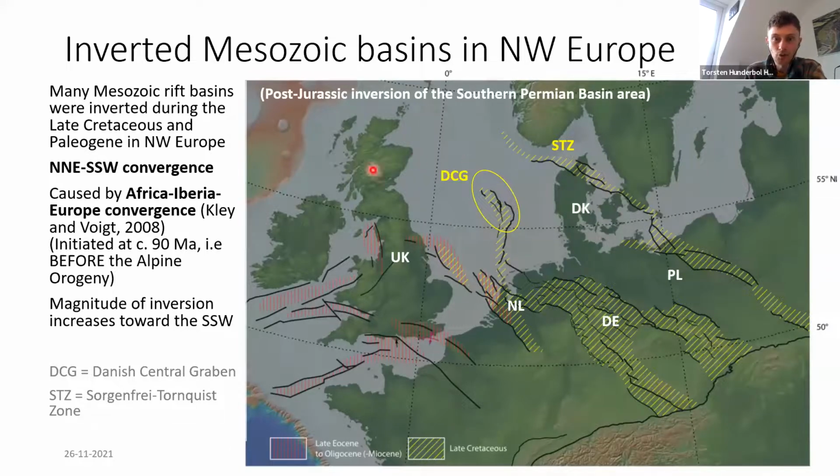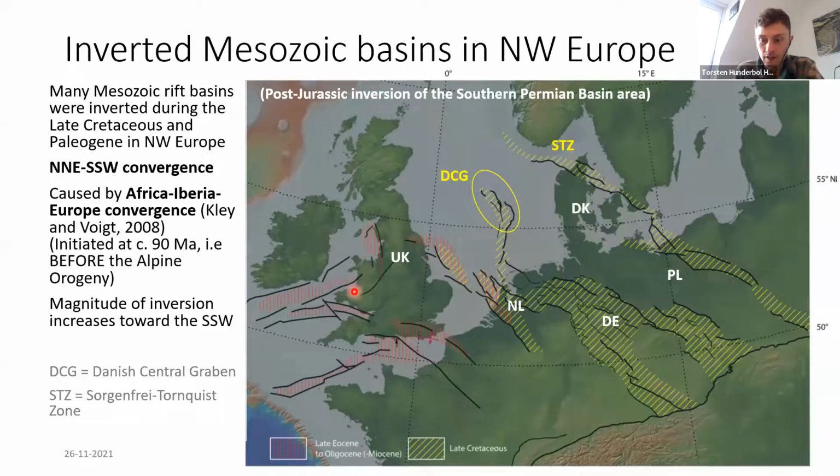You see a map with the UK, Denmark, Norway, and so on, and a series of Mesozoic extensional basins that were subsequently inverted. With hatched yellow, it's marked the late Cretaceous inverted basins, and with red the younger Paleogene inverted basins further to the west.